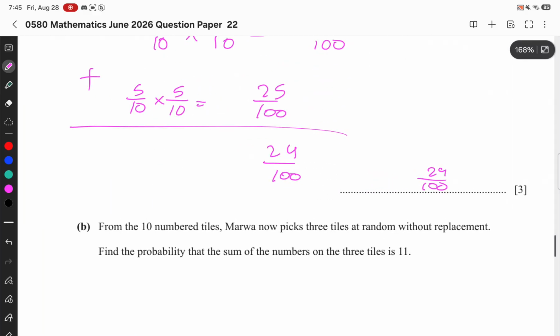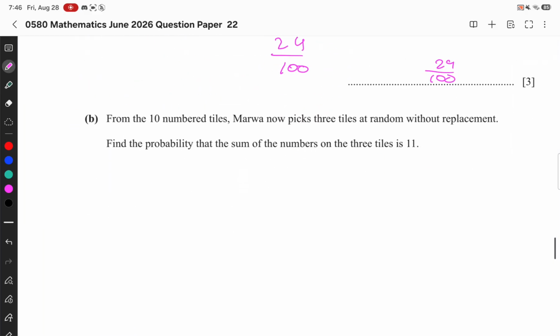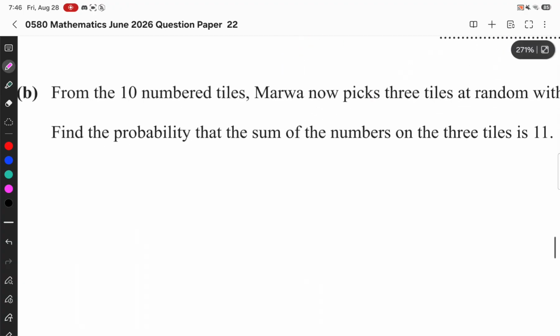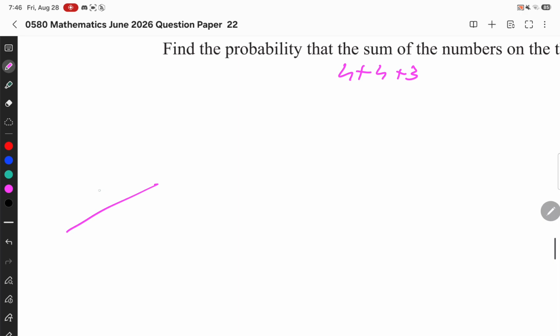Now, the sum of the numbers on the 3 tiles is 11 without replacement. So, she picks any 3. Okay, any 3. We want 4 plus 4 plus 3. Either she picks 4 or 3, then again 4 or 3, then again 4 or 3.